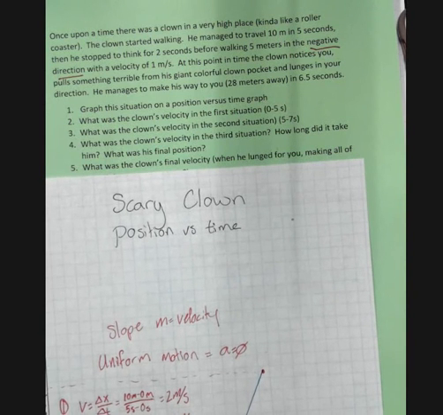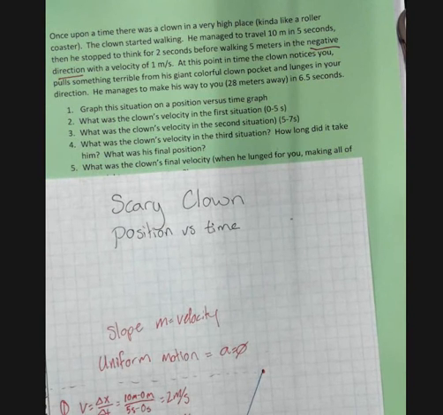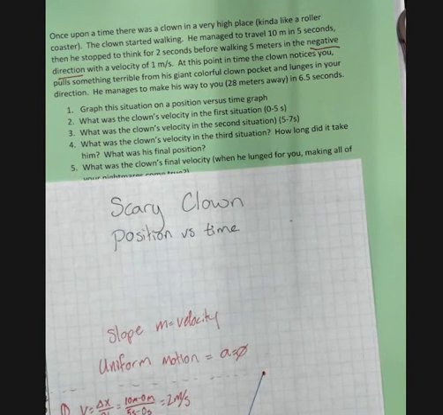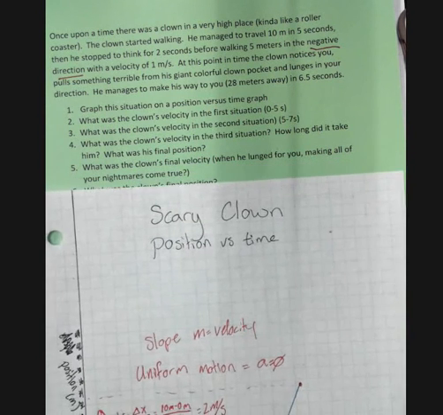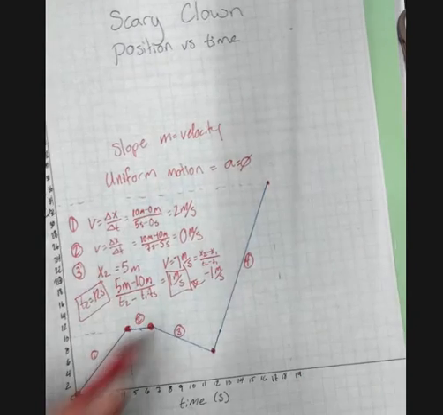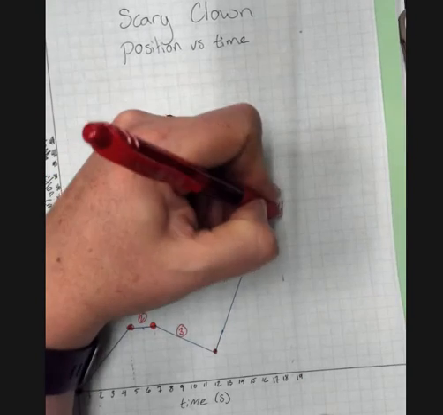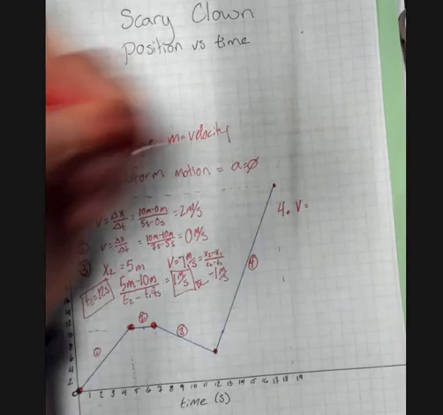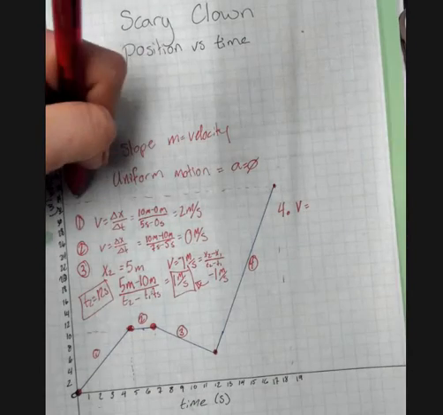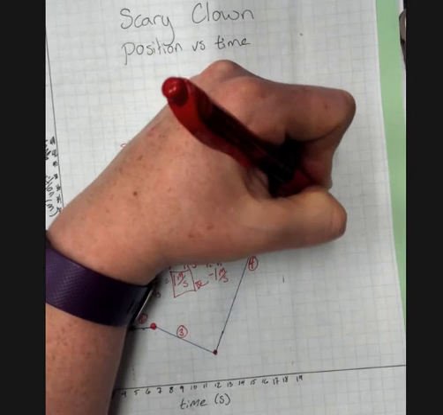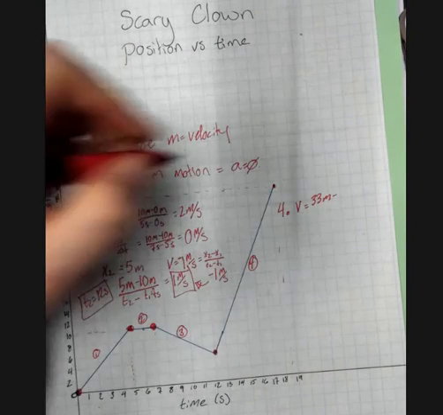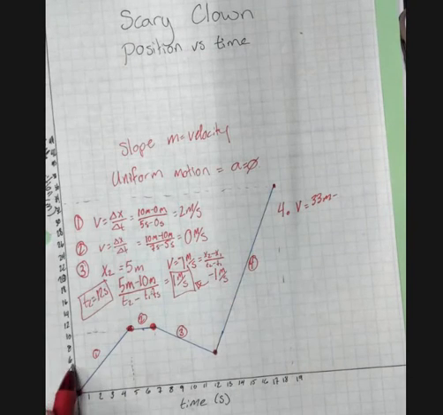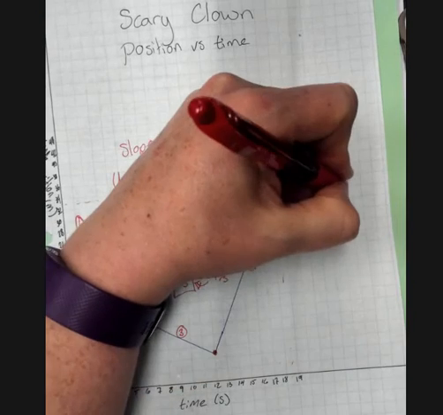Then we can find what was the clown's final velocity when he lunged for you, making all of your nightmares come true. So that means we're taking a look at the fourth situation. All right, so we're going to find the slope or the velocity. Final position was 33 meters. Initial position was 5 meters.